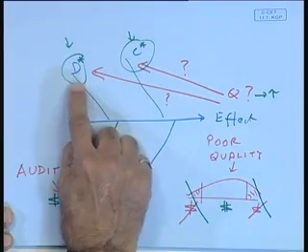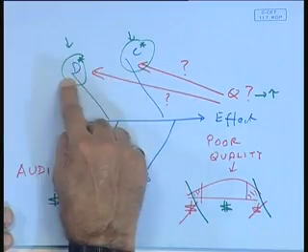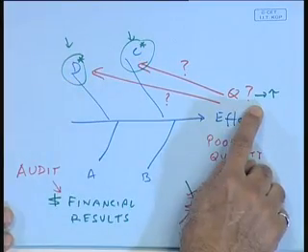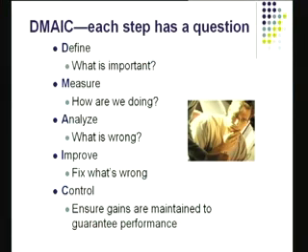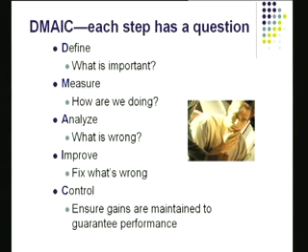If you understand this relationship very well, you'll be able to set the input factors like I set here C and D. I set them at D star and C star. Those would be the right settings to deliver my quality at tau. This would be my goal. So I fix what is wrong in the improve stage. And in the control stage, I want to make sure those C star and D star values are sustained in routine production in the plant. And that will be done to ensure gains are maintained to guarantee performance so that the customer stays happy.